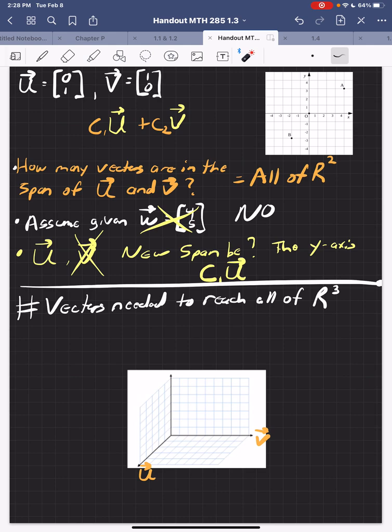So if I wanted to be able to reach the point 1, 1, 1, or the point 2, -2, 6, I want to be able to reach any point in space. How many vectors would you need?